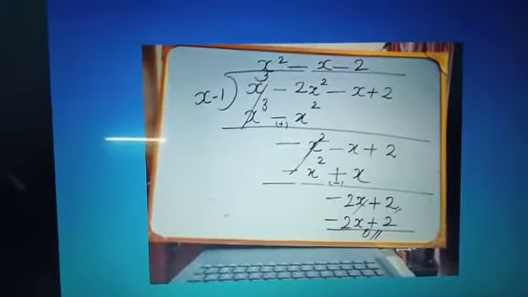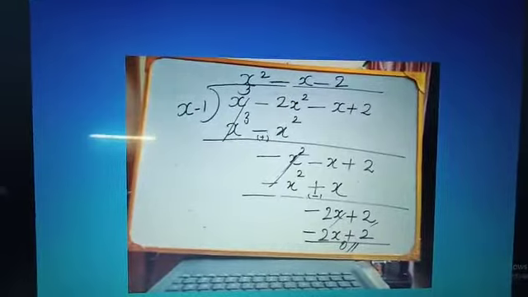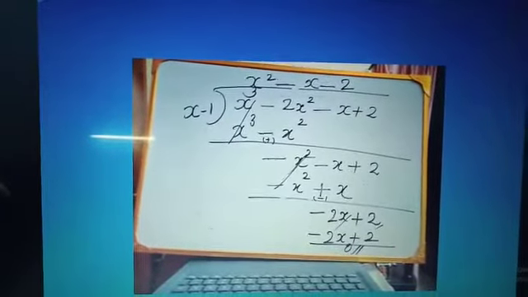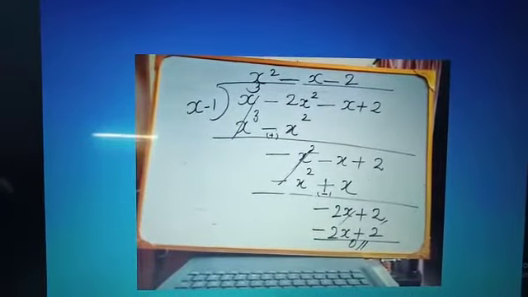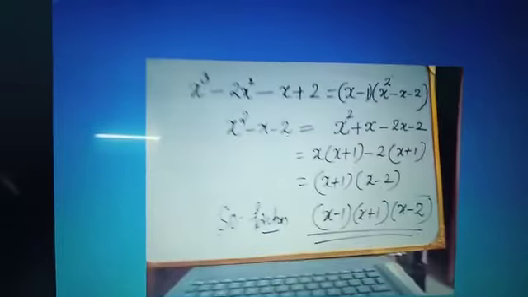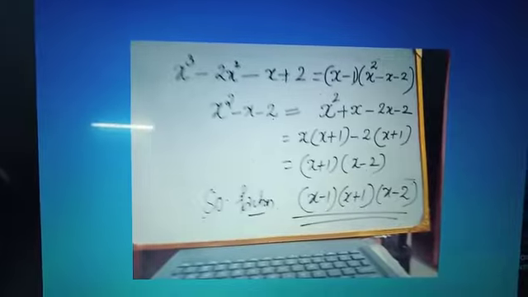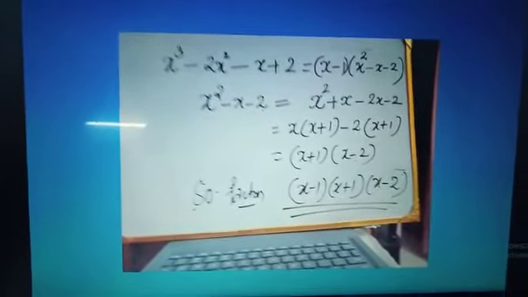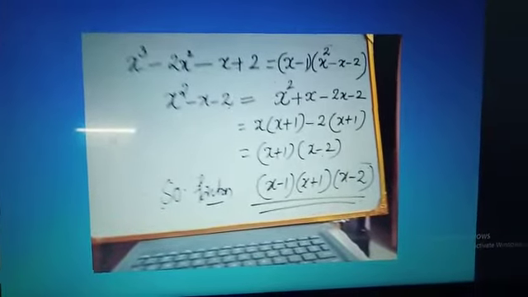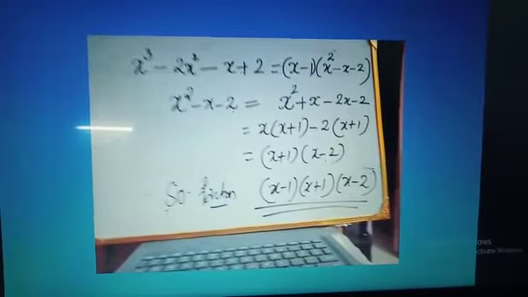And the division is shown. You are getting 0 remainder. So x square minus x minus 2 is the quotient. How to write it? x cube minus 2x square minus x plus 2 equals (x - 1), the first factor, and the second factor x square minus x minus 2.